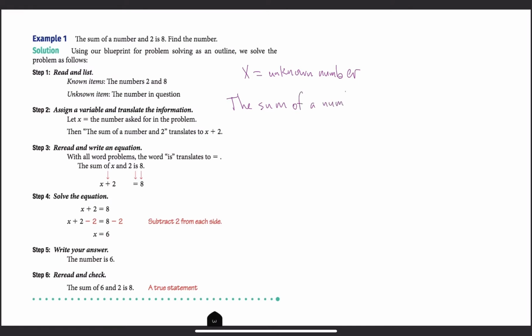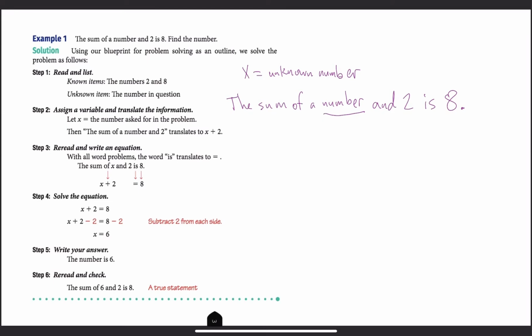And whenever they say the sum of a number, right, number, that's code for an unknown. What number? Well, that's what we're going to have to find out. And 2 is 8. Now, notice I put a period at the end of this because this is a full and complete sentence. This is a statement, and we are going to translate it into a mathematical statement, and then we're going to solve it.